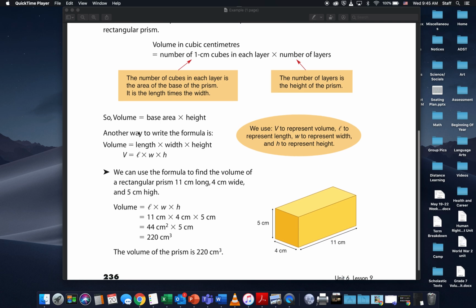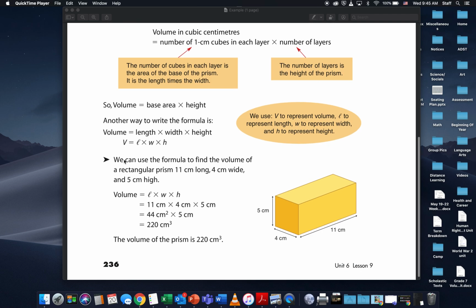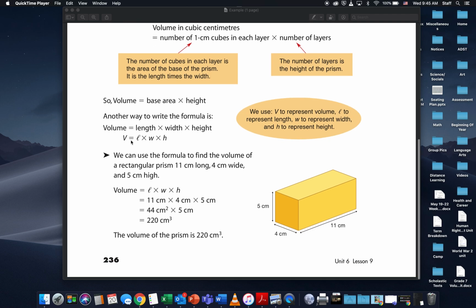Okay, so for volume, it equals the base area, the area of the base, times the height. But since we know that the base area is length times width, then our volume is just going to be volume equals length times width times height. Okay, so that's our formula that we use to find the volume.